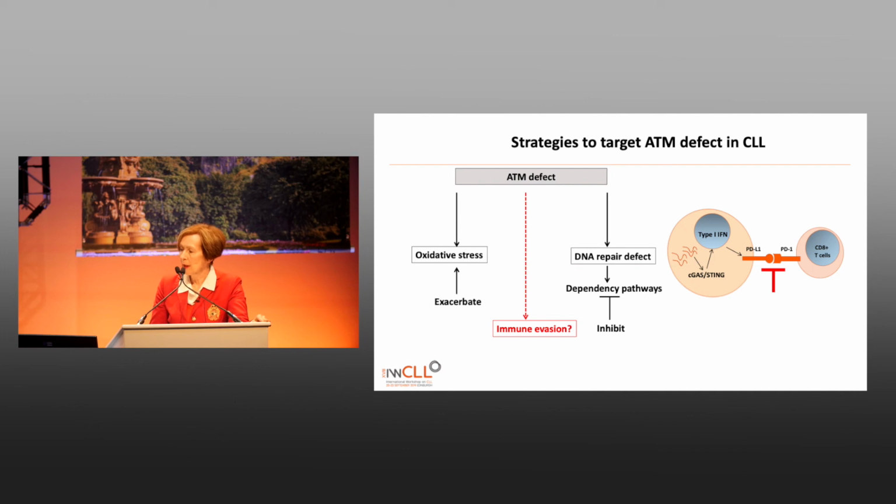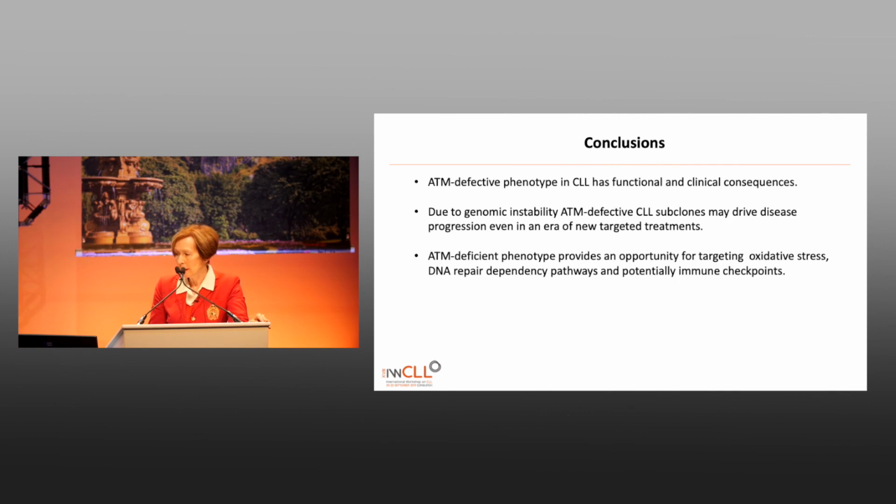So we are addressing the possibility that particularly in this category of tumors, targeting this PD-L1 axis might be of some use. So I would like to make 3 conclusions to my talk. First, that ATM defective phenotype in CLL has both functional and clinical consequences.